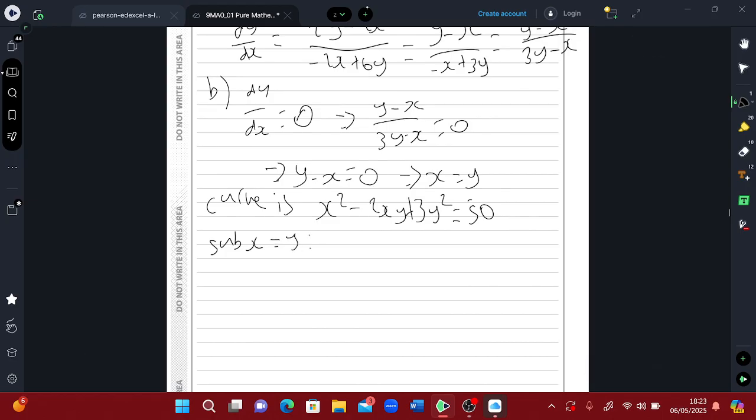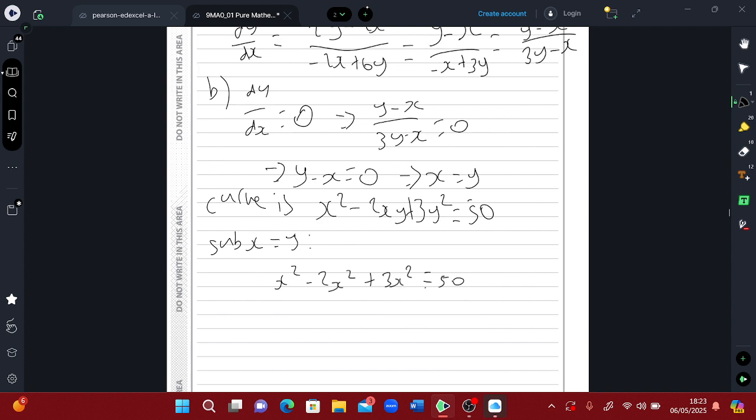And what do we get? Let's keep the x. x squared minus 2x, now y is x, so x squared, plus 3y squared, which goes to 3x squared, equals 50.